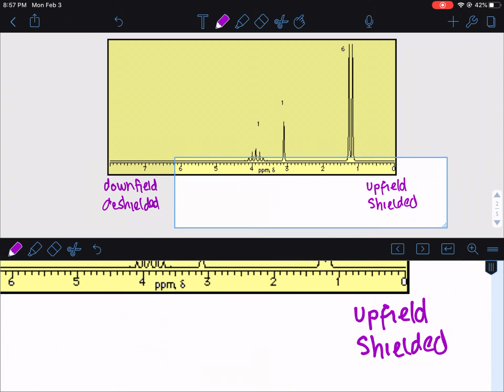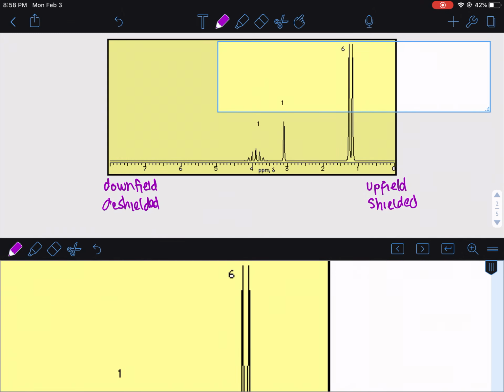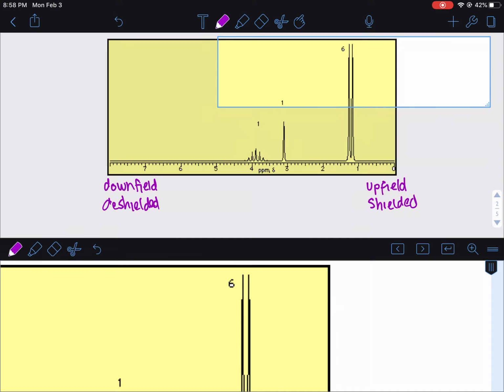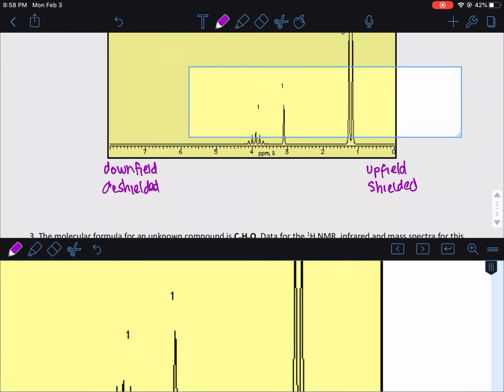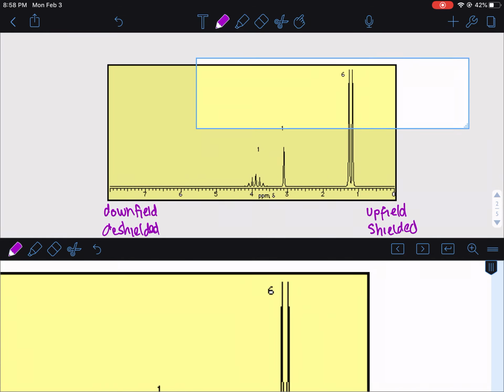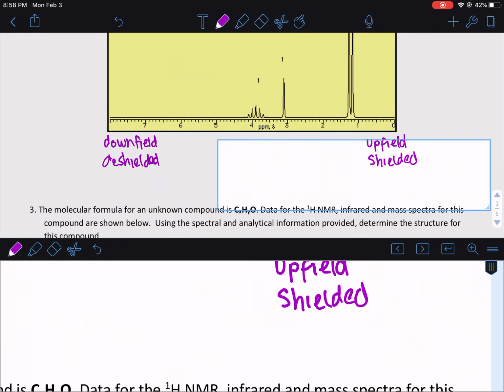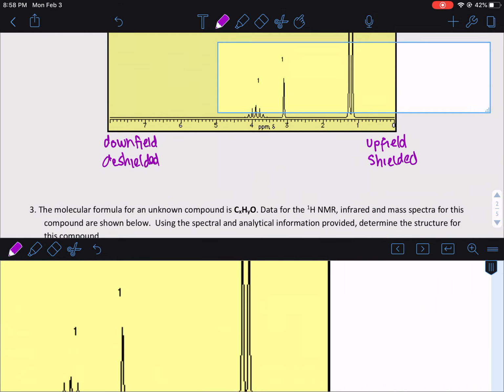Shielded and deshielded has to do with how much the proton experiences electron deficiency. If the hydrogen is close to an electronegative atom, such as oxygen, fluorine, or your halogens, it's going to be more electron deficient, so more deshielded, with a higher number on the spectrum. Whereas if it's farther away, it's more shielded and able to hold on to its electrons more, right?